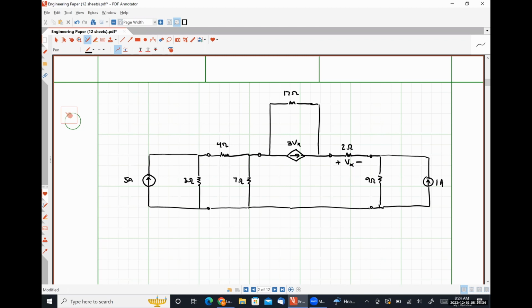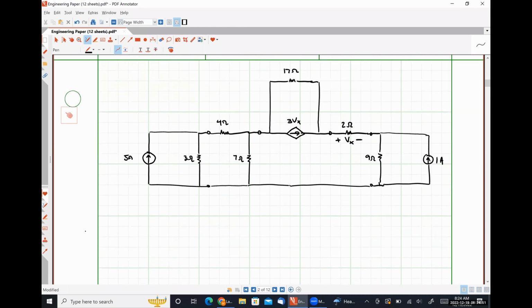Now, in this particular circuit, I've designed it in such a way that we could actually, with enough source transformations, convert this all the way down to a single loop circuit that we could have analyzed on the second day of class. Okay. So let's start. How many practical sources do we have?